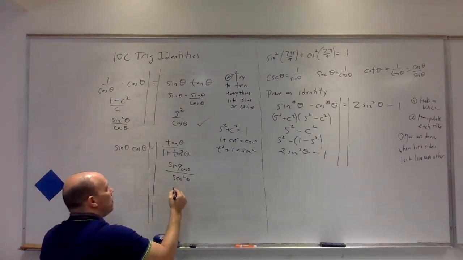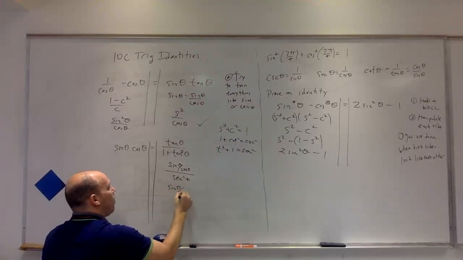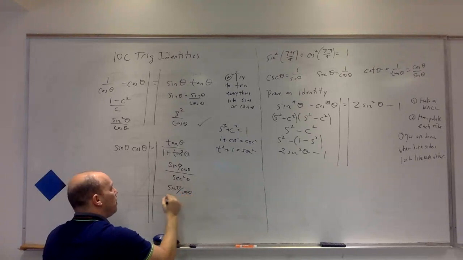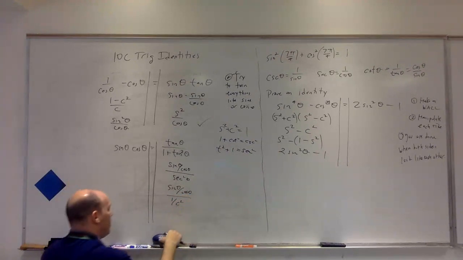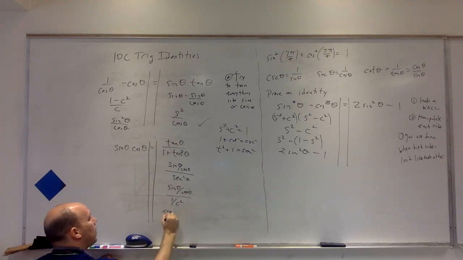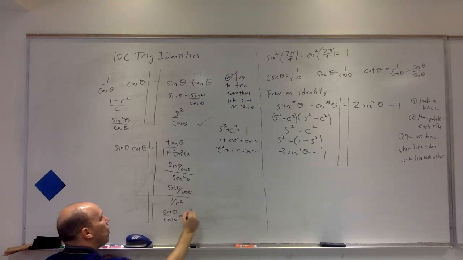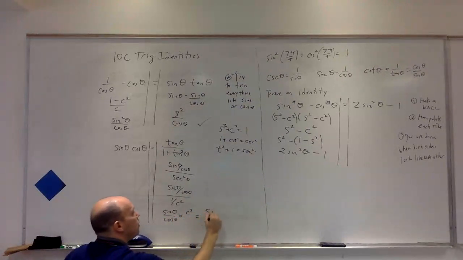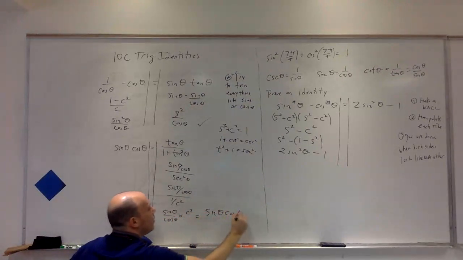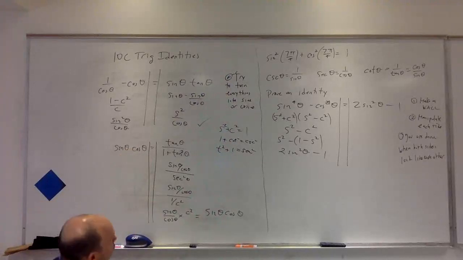Well, this is sine theta divided by cosine theta divided by 1 over cosine squared. So this ends up being sine theta divided by cosine theta times cosine squared, which is equal to sine theta cosine theta. We have our identity.